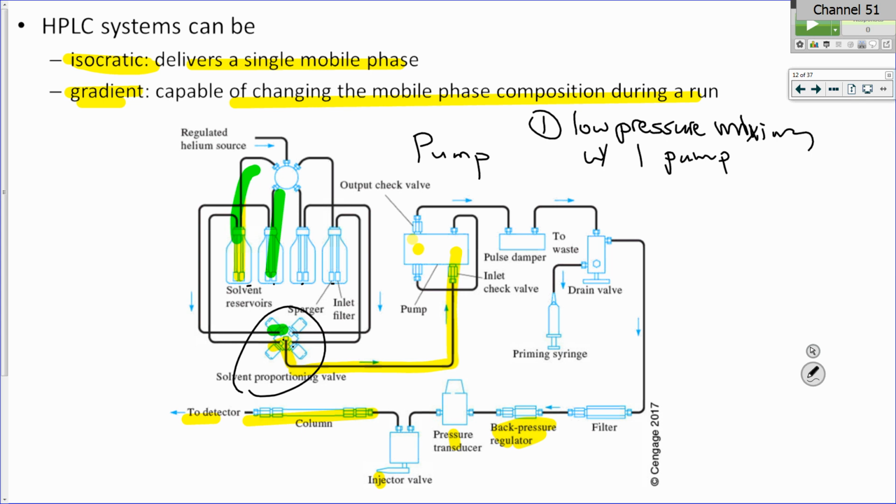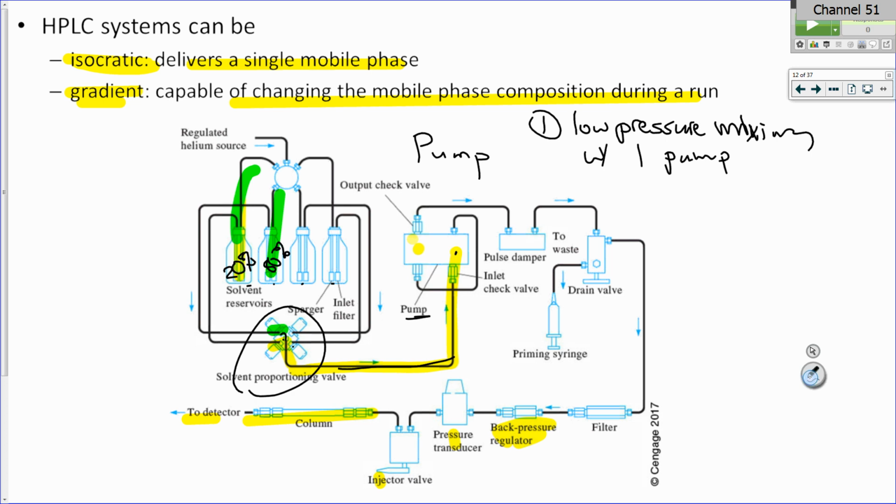So at this point in time, you want 20% of this solvent and 80% of the other solvent. This valve electronically meters the proper amounts in there. And then you've got 1 pump that pressurizes these solvents. The problem is there's a delay in this mixing, because even if you're trying to make changes, there's some dead time that it takes this liquid to flow through here. It doesn't instantly change and appear at the column.